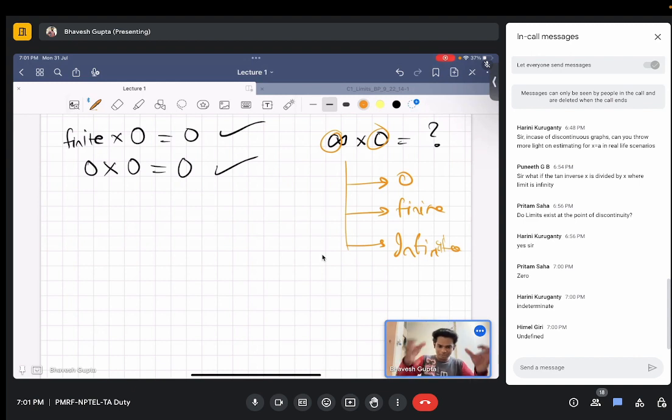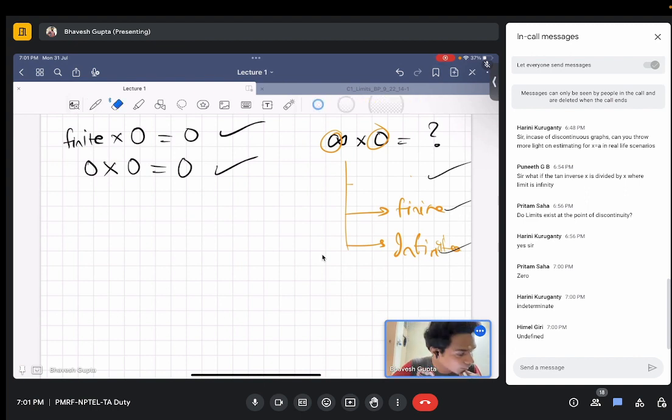The moment we know the structure of this infinity and 0, we can claim which answer this will fall into. But keep in mind, this can be 0. Yes, this can be 0. This can be finite. See, 0 and finite are the same thing, so I will remove this. It can be either finite or infinite. So based on the structure, we can claim whether this will fall into finite or infinite. So you have to check this.